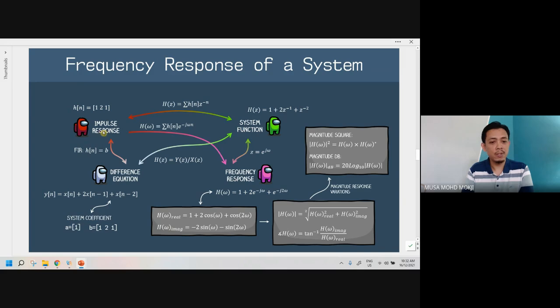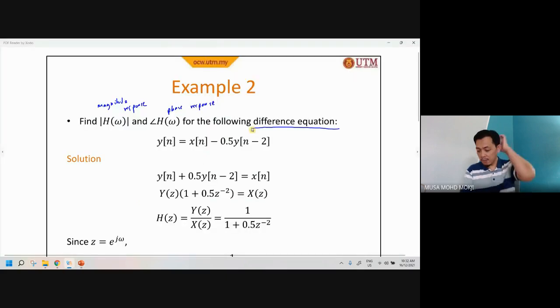In example 1, you were given the impulse response and needed to find the frequency response. Now, in example 2, you are given the difference equation and we need to find the frequency response, specifically the magnitude and phase. So what is the difference equation? We have y[n] equals x[n] minus 0.5 y[n minus 2].